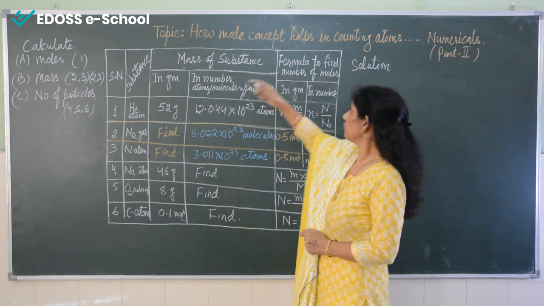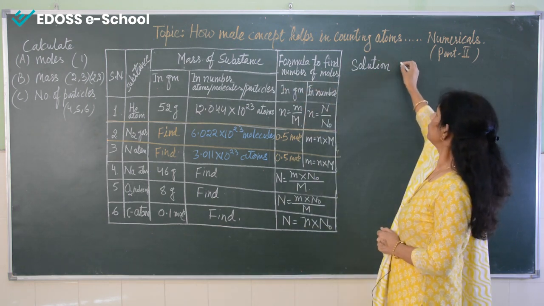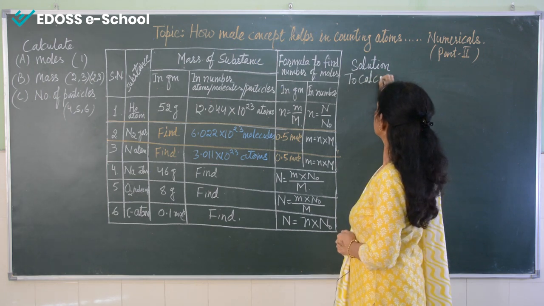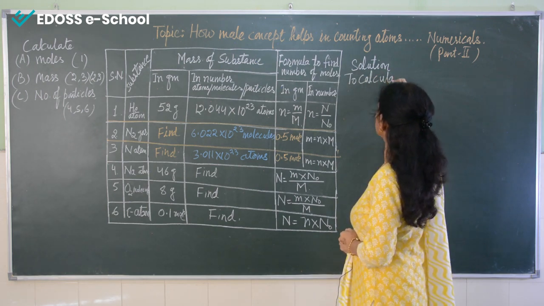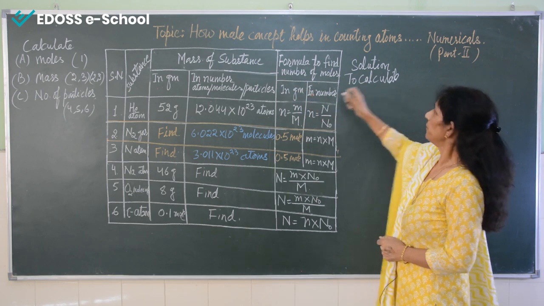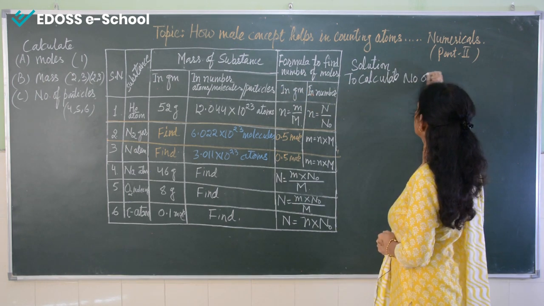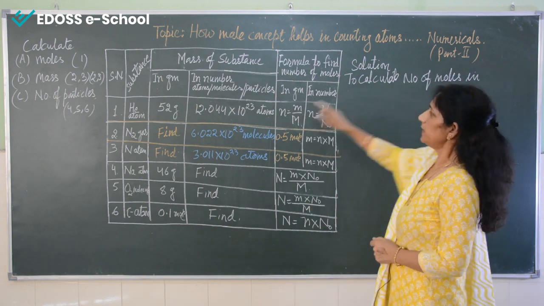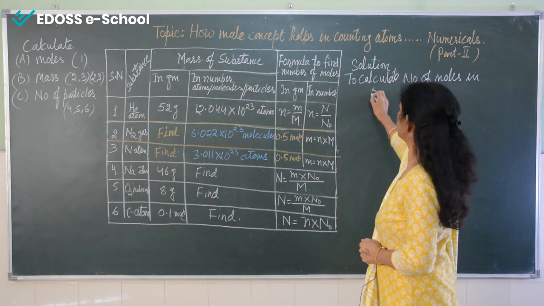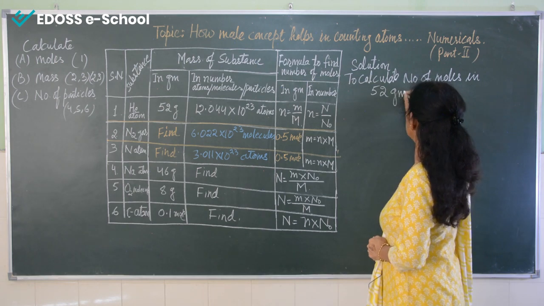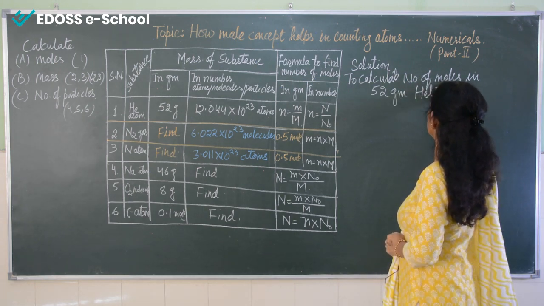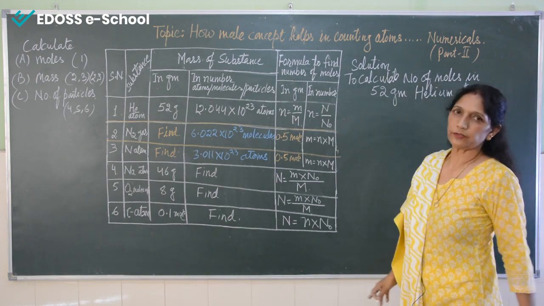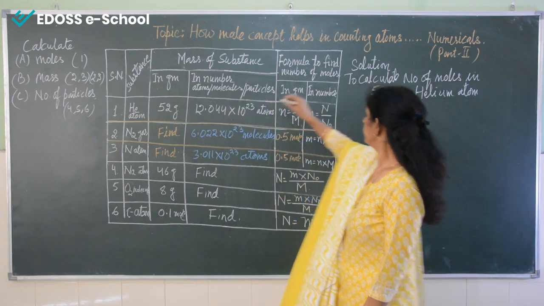The question is to calculate the number of moles in 52 gram of helium atom. This is the question. Now how will we do it?